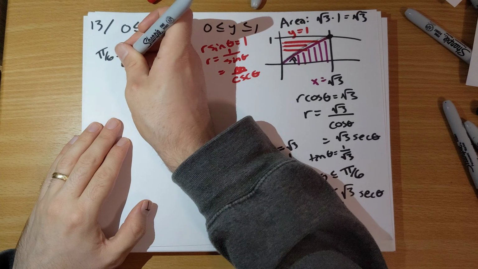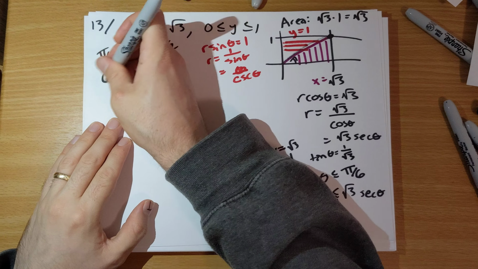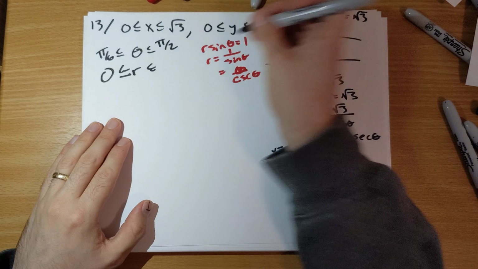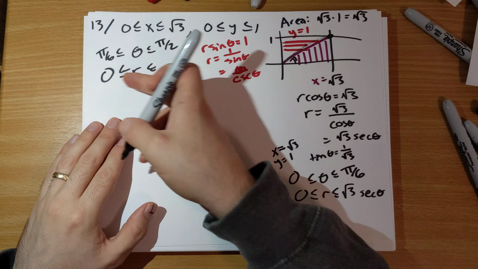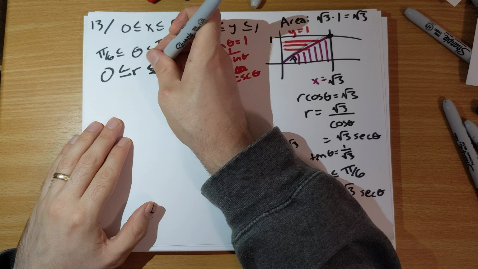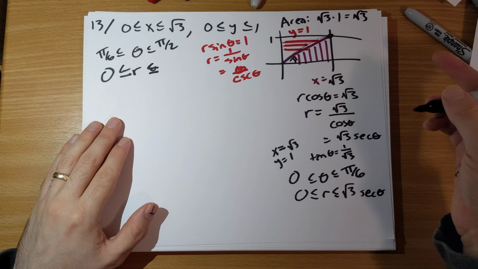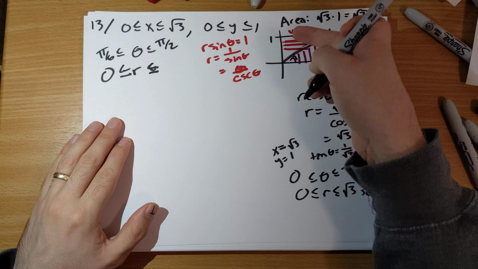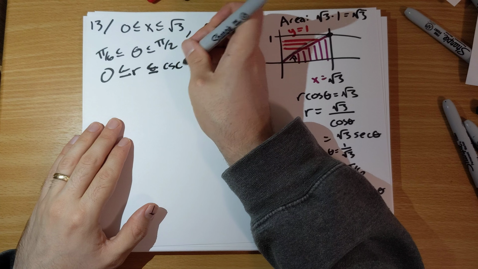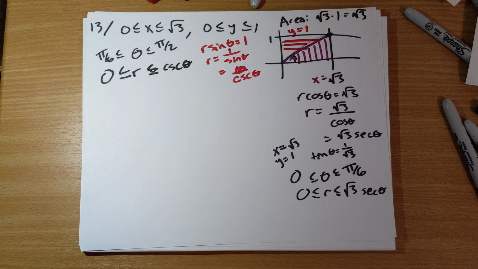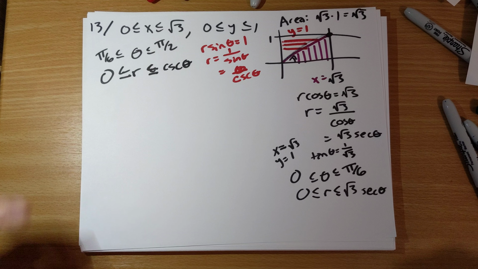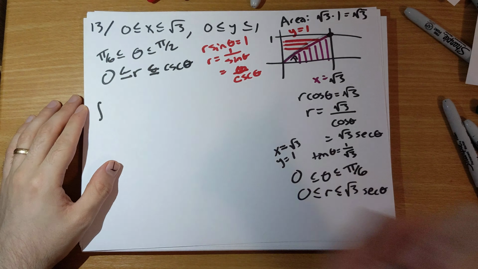And r will run from 0 to cosecant theta.